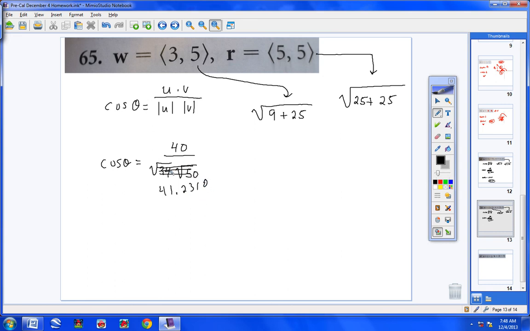So with your calculator, I would type in 40 divided by that decimal. And you should get something like this, very close or identical to 0.9701425001.